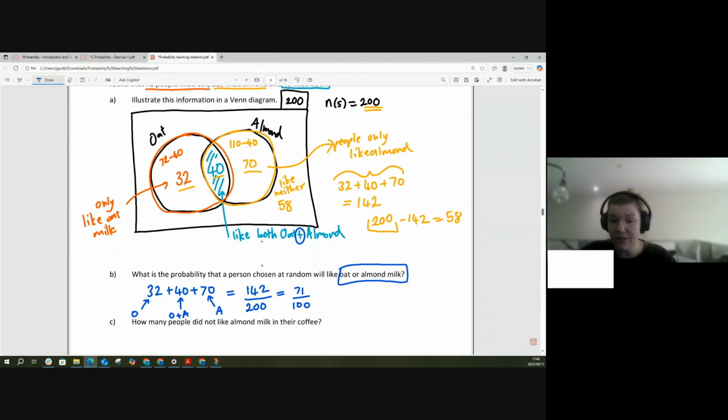Why are we including the 40? Because we care about anyone who likes oat or almond. Anyone who likes oat or almond. So we don't care only about that, but we care about anyone who likes oat or almond milk. And these 40 people, they do like oat or almond milk.